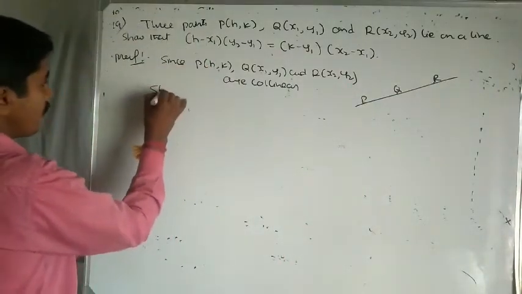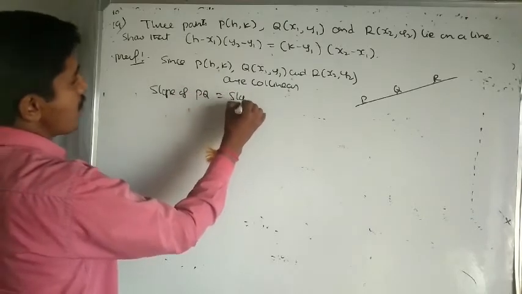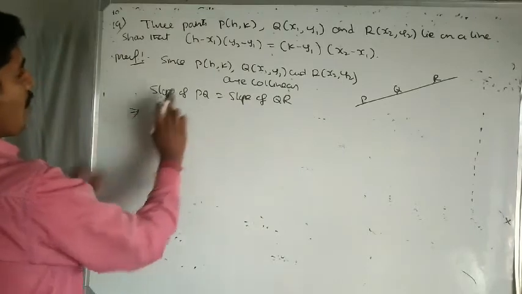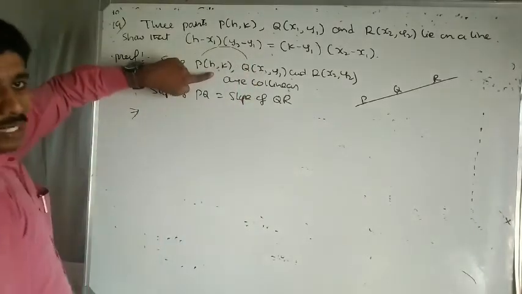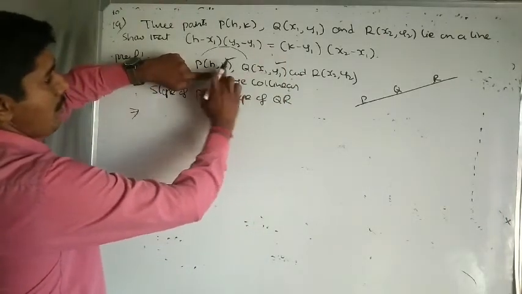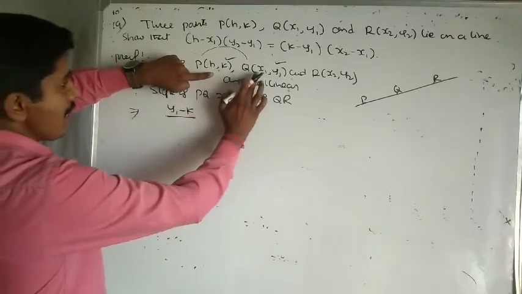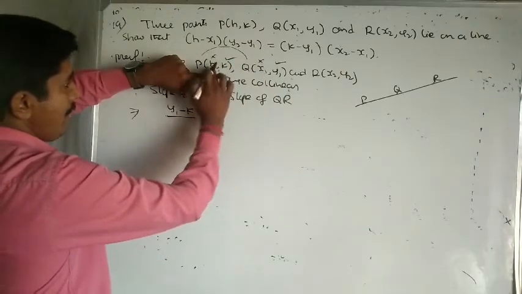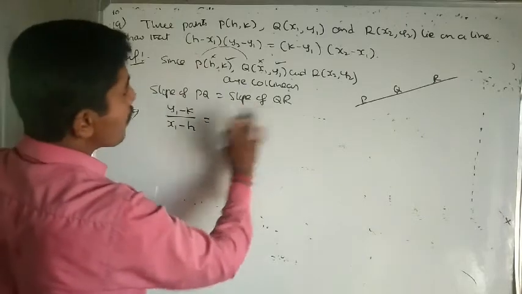We know that slope of PQ is equal to slope of QR. What is slope of PQ? Slope of PQ: y coordinate minus y coordinate, y1 minus k, divided by x coordinate minus x coordinate, x1 minus h, which is equal to slope of QR.